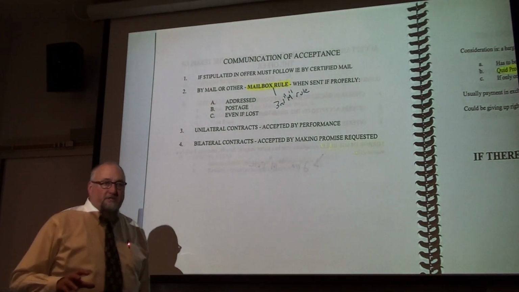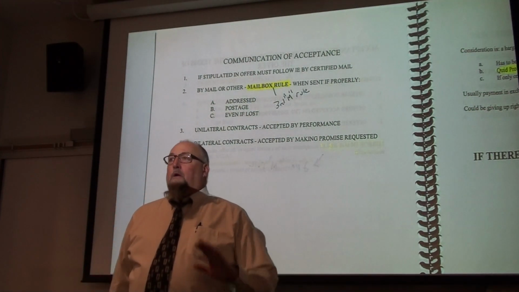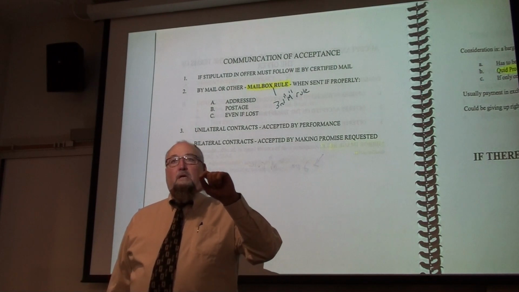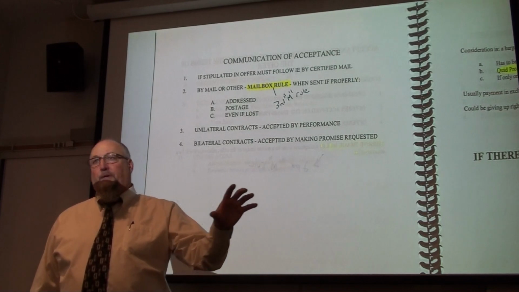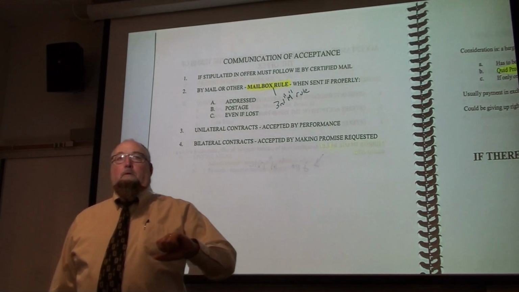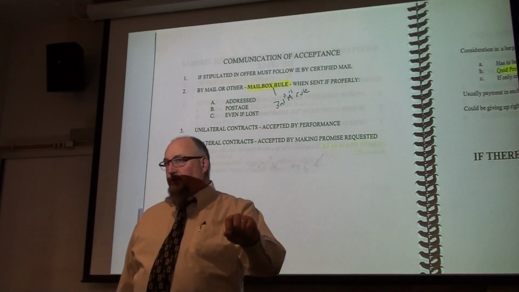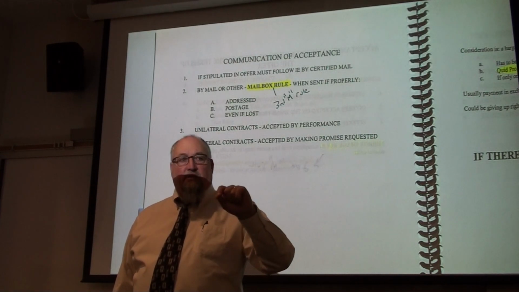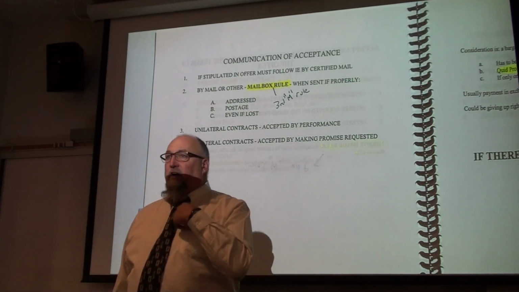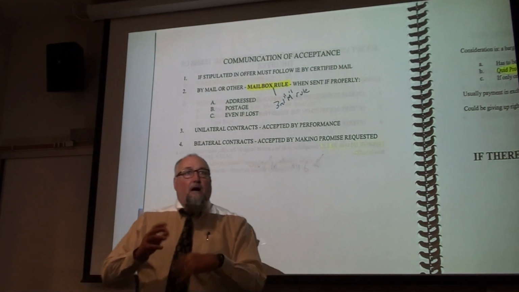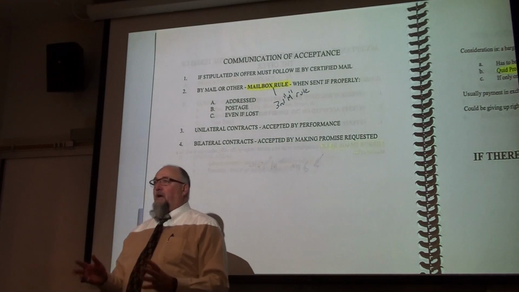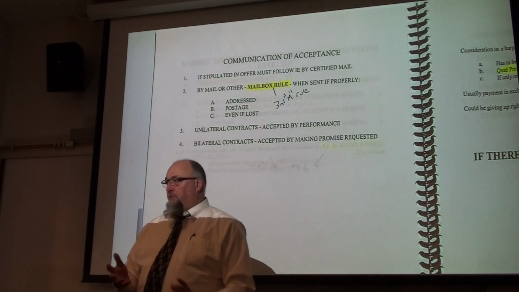The mailbox rule is a rule that basically says when the acceptance is put into, back in the day when we only had mail, put into the mailbox with proper postage, the acceptance occurs at that moment, even if I, the one who made the offer, don't know about it. Unless the offer says otherwise, the mailbox rule is the default rule, and that applies.